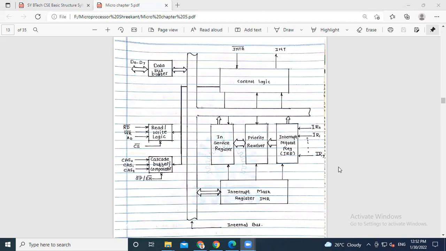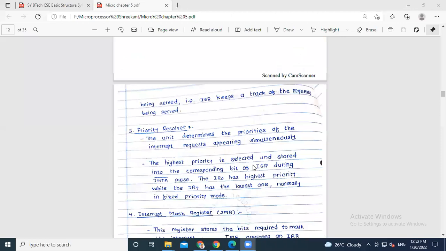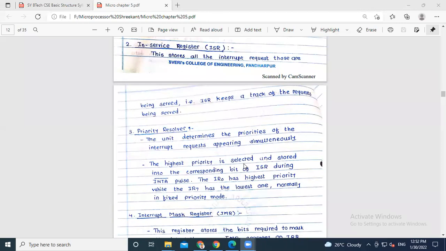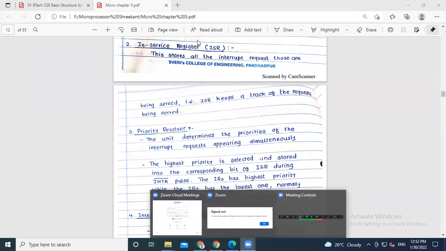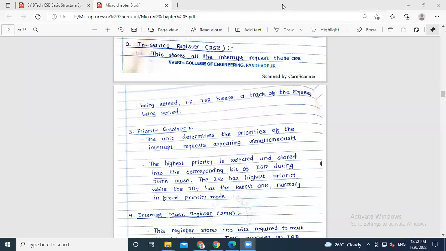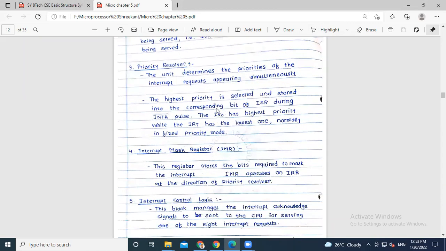IR0 is the highest priority, IR7 is the lowest priority. It's fine. So in the priority, IR0 is the highest priority and IR7 is the lowest priority.